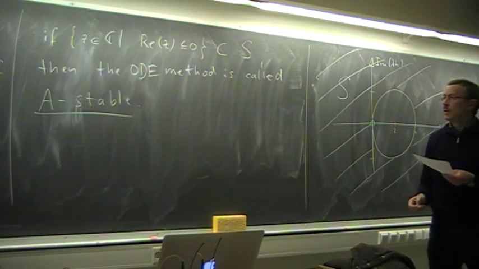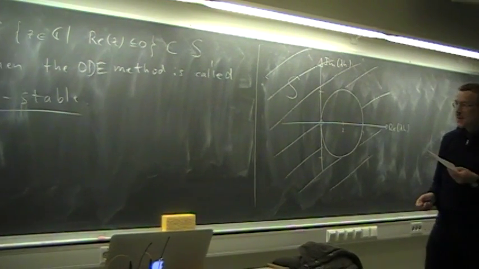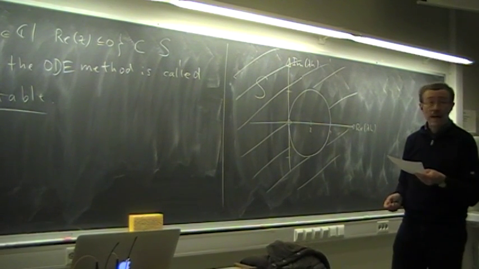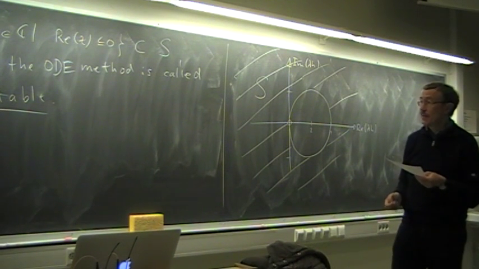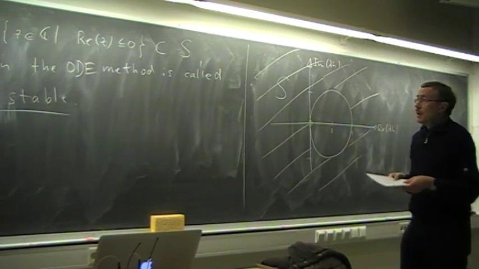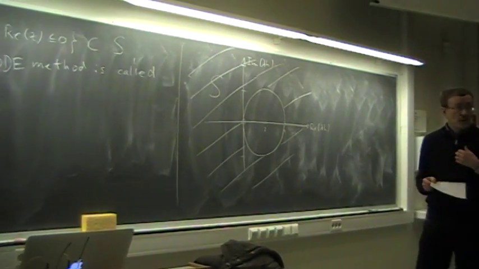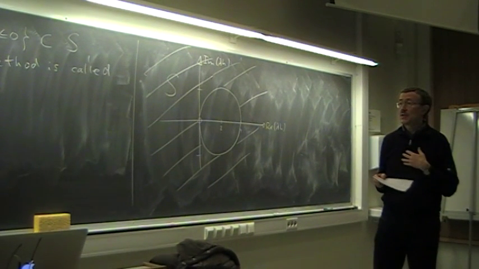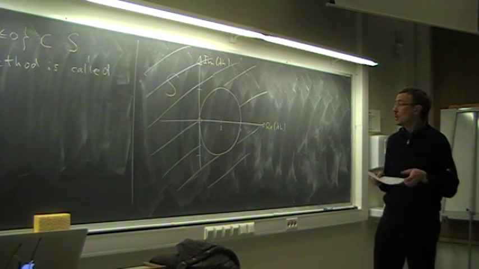You see this a little bit in the literature, and it seems to come from absolutely stable, this A that Dahlquist used there. So it's characterizing the size of the stability domain.